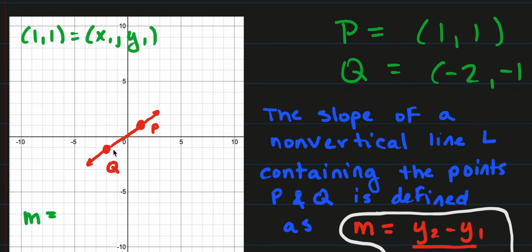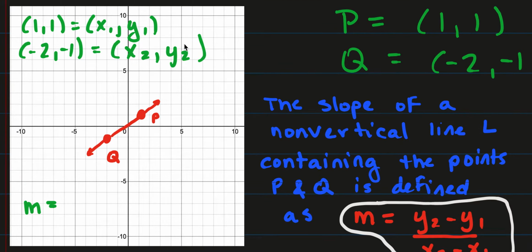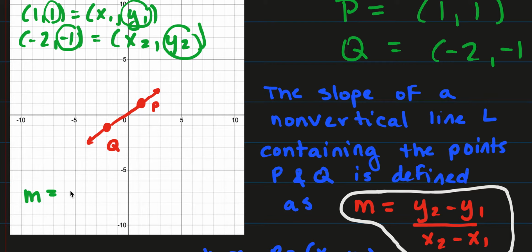And then the other point right here is Q, which is (-2, -1), and that's my point x2, y2. Let's calculate the slope. I'm going to take y2 and subtract y1, so I'm going to take -1 and subtract 1. So -1 minus 1. Then on the bottom, I'm going to take x2 and subtract x1. So I'm going to follow the same thing I did before.